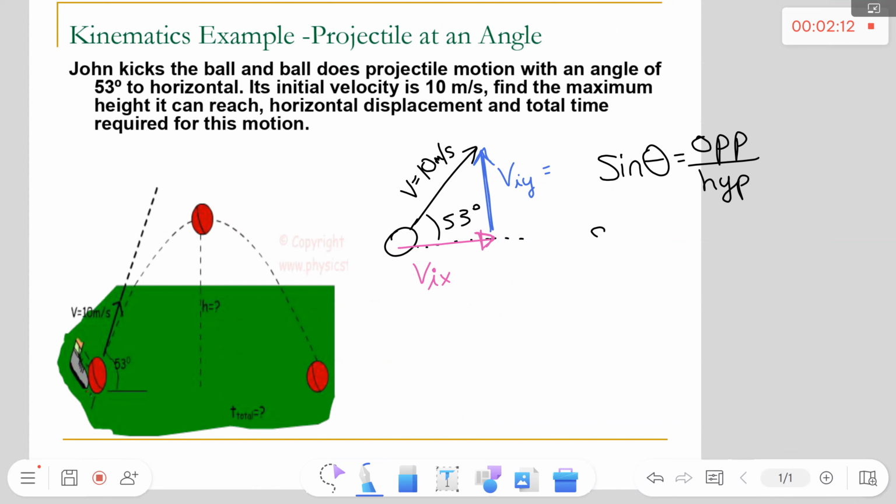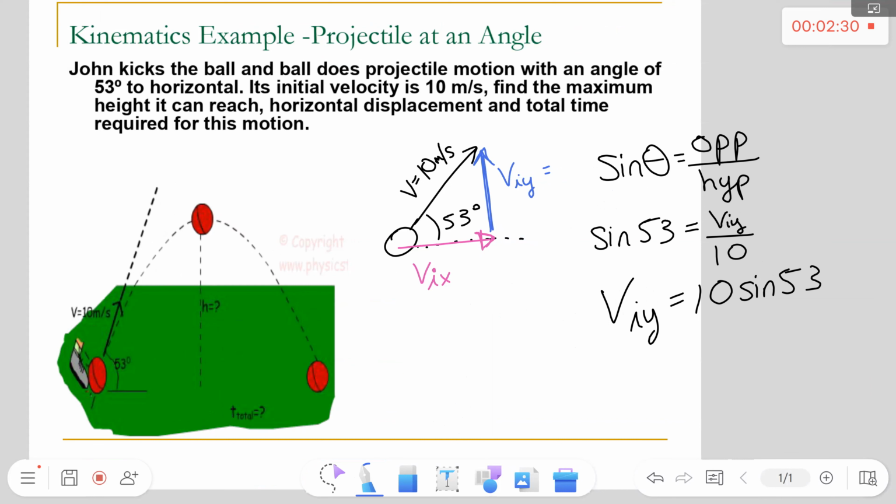So this would be sine of 53 equals opposite over hypotenuse, which is 10. So my initial velocity in the y direction is going to be 10 sine 53. Feeling okay there? All right.